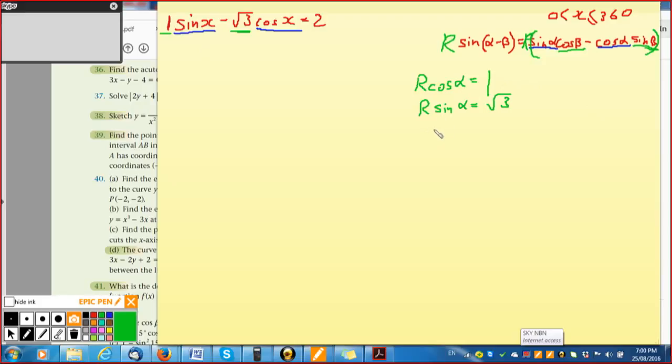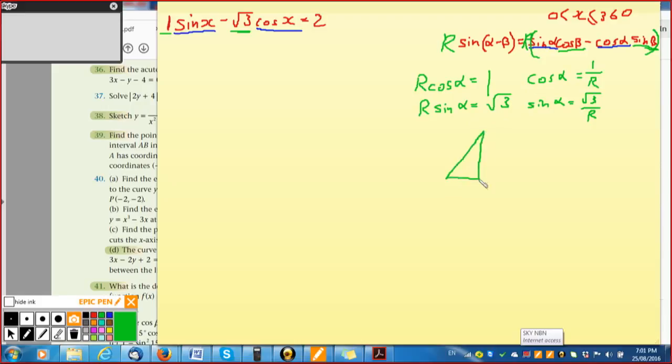Now, that means that cosine alpha is going to be 1 on R, and sine alpha is going to be root 3 on R. Does that make sense? Basically, this is what's going to happen.